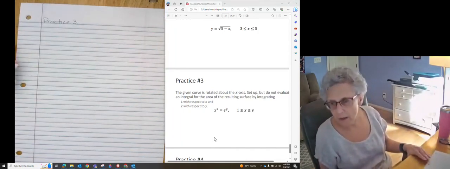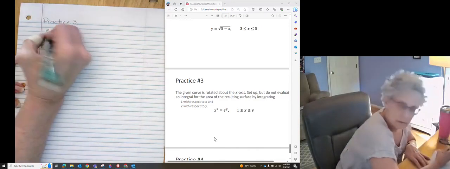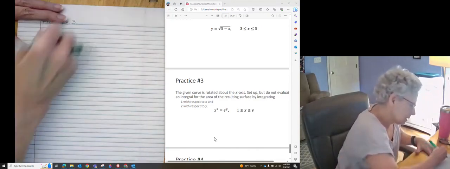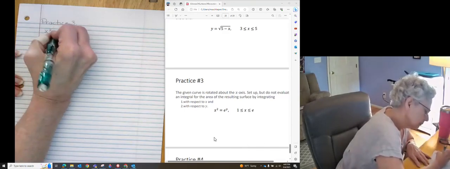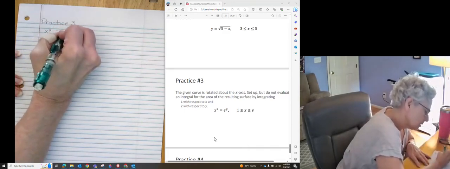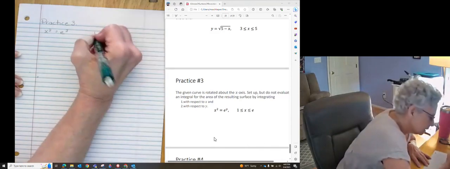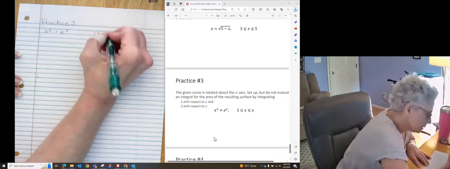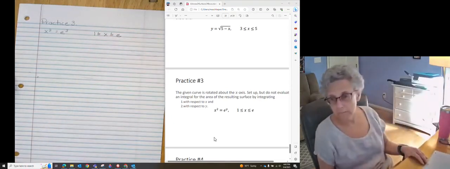So x squared is equal to e to the y power, and 1 less than or equal to x less than or equal to e.